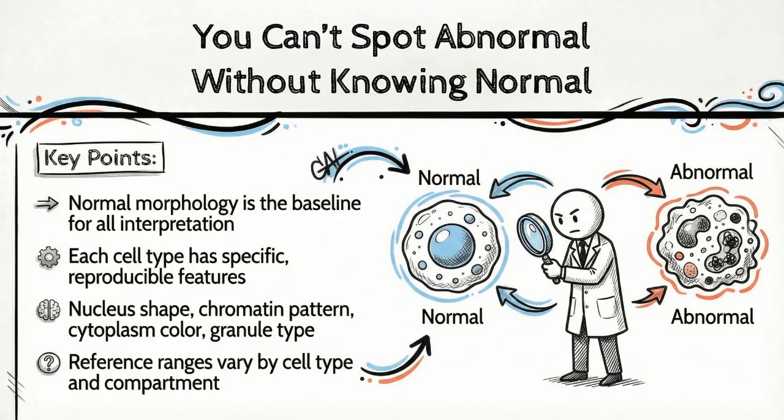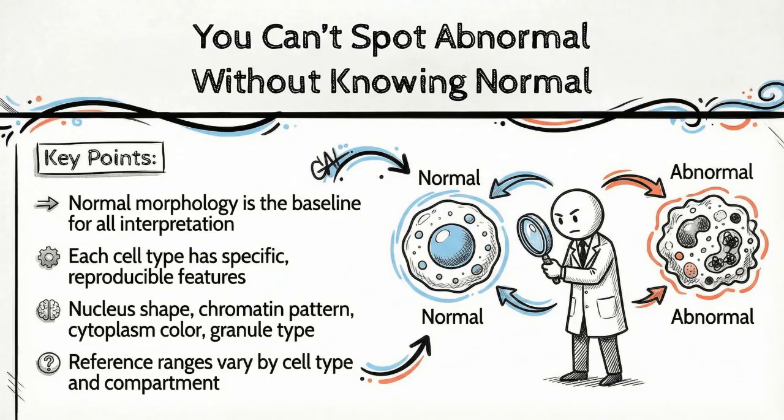For each one, I want you to think about 4 things: the nucleus shape and chromatin pattern, the cytoplasm color and texture, the granule type and color, and the normal reference range. For instance, a normal segmented neutrophil typically presents with a multi-lobed nucleus and condensed chromatin, accompanied by pale pink cytoplasm containing fine, specific granules.